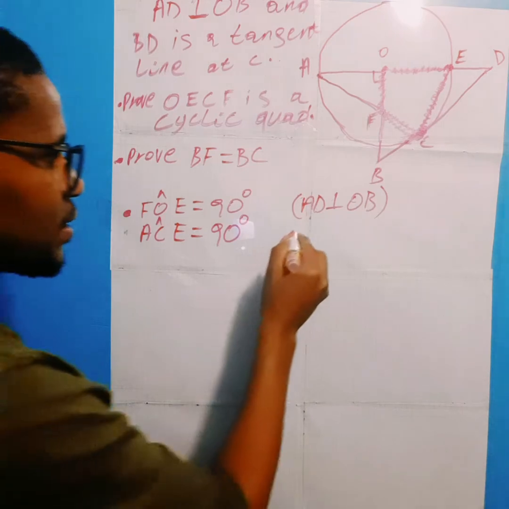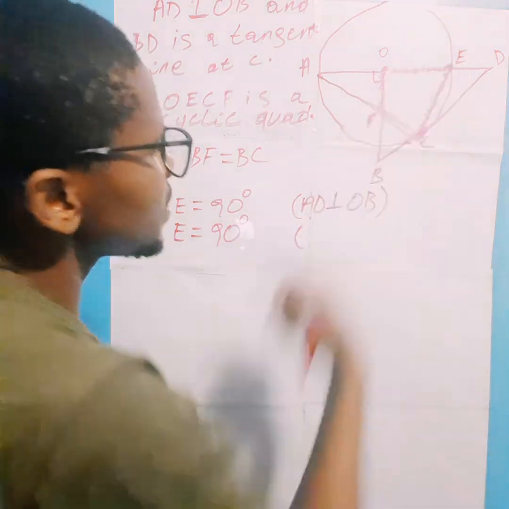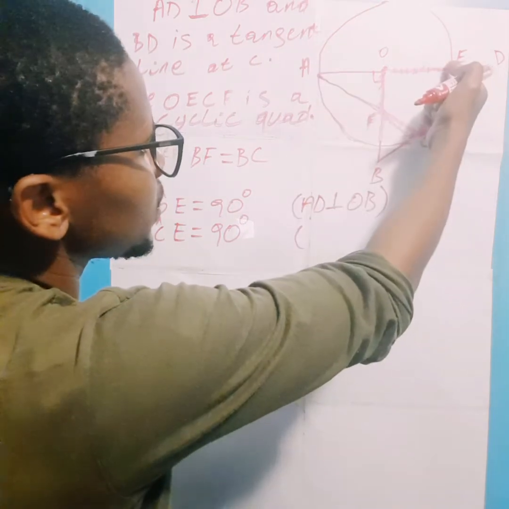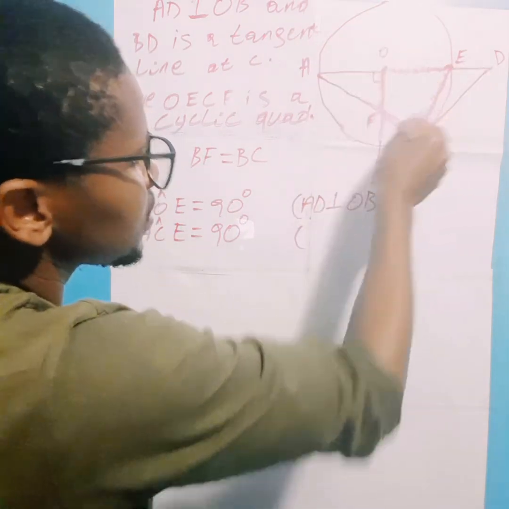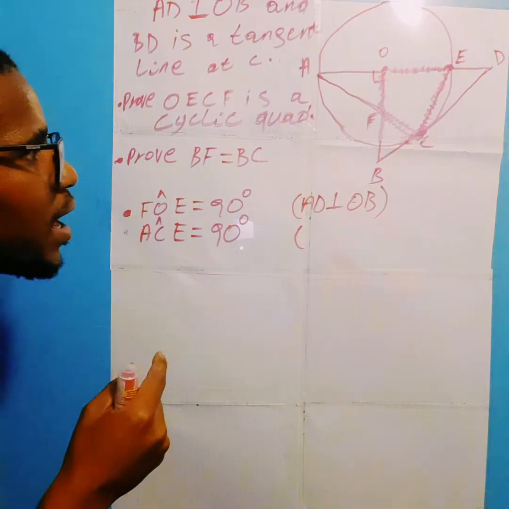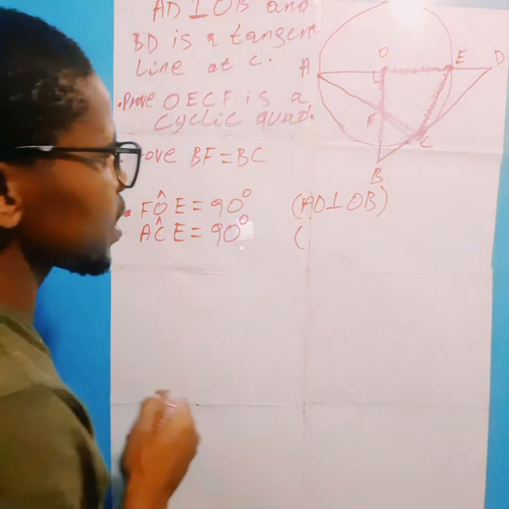The reason is the angle in a semicircle: once you have the diameter there and it subtends a right angle at the circumference of the circle.